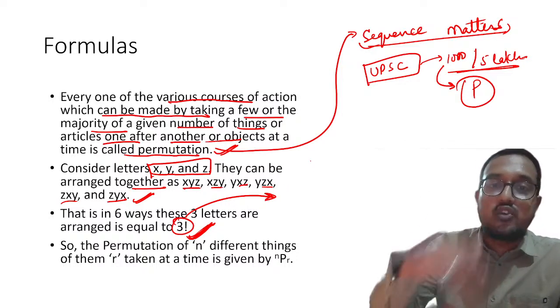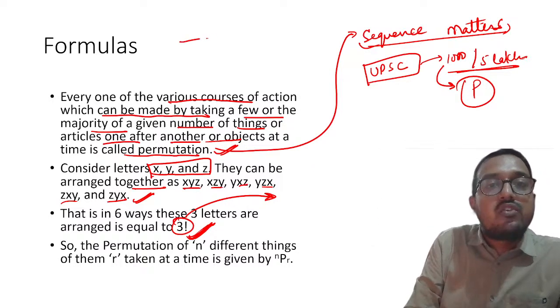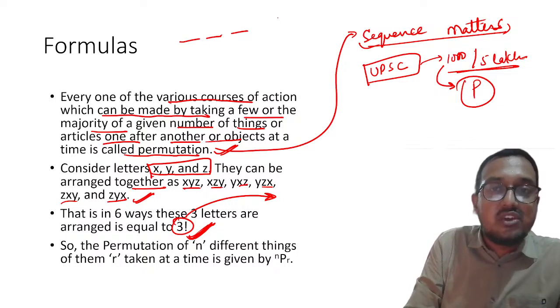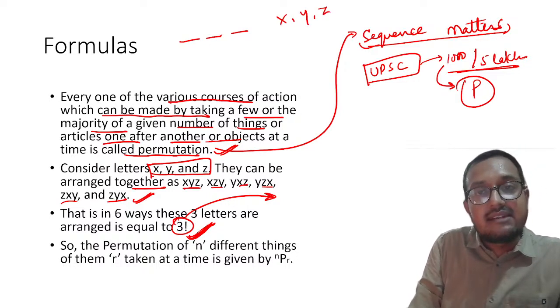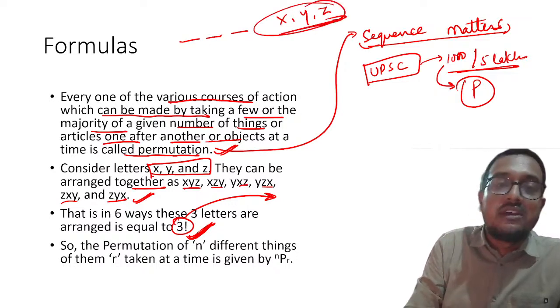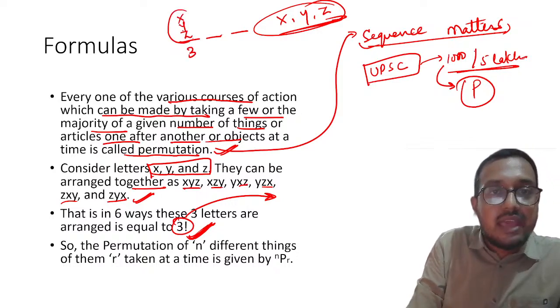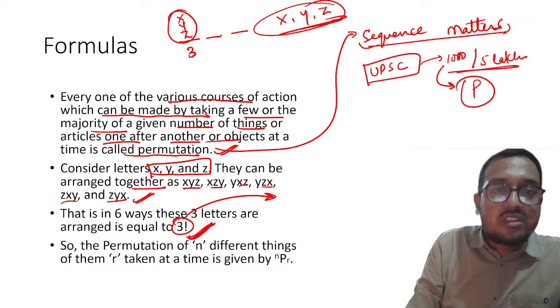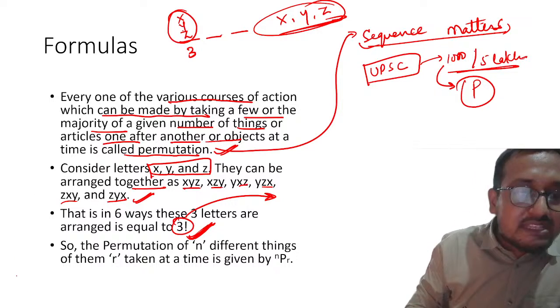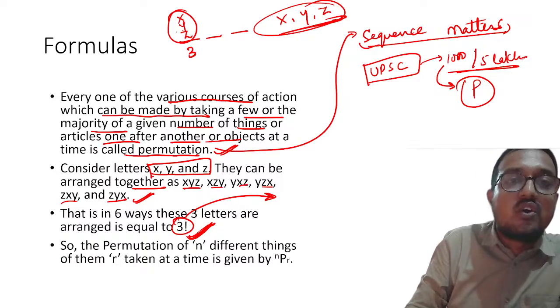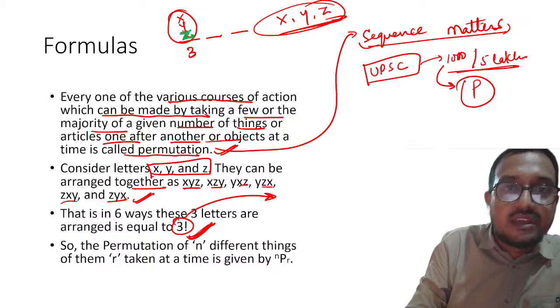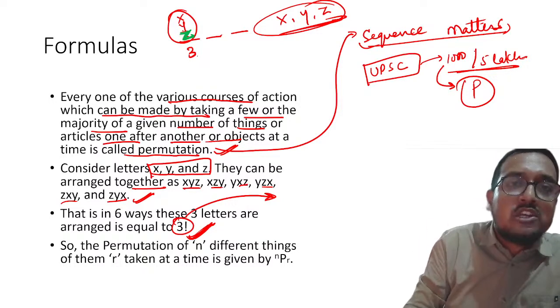And there is another method to find these kinds of things. We have to fill 3 places, and we have 3 options, X, Y and Z. So total numbers are 3. So here either of the 3 can come, X, Y, Z, so I will put 3. But suppose I choose that Z should be here, randomly.